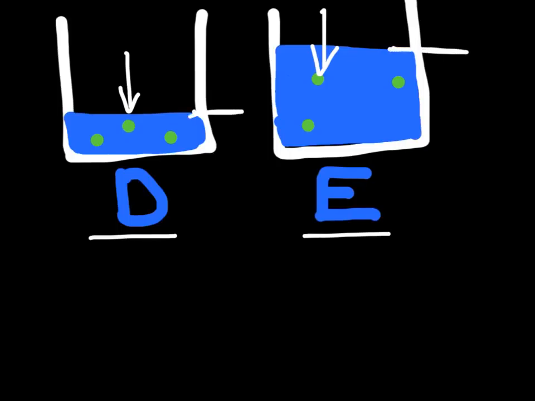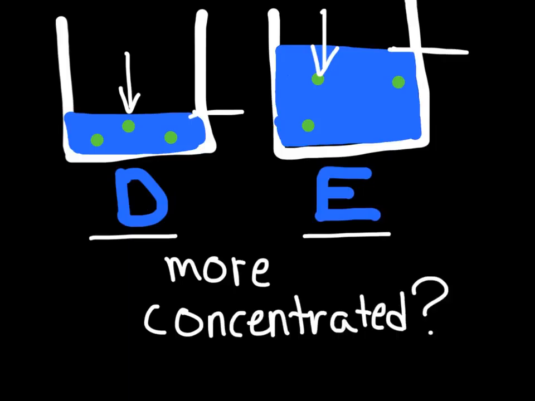Now let's take a look at two beakers that have the same number of solute particles, but different levels of solvent. Which one is more concentrated? You decide. If you chose beaker D as more concentrated, that would be correct.